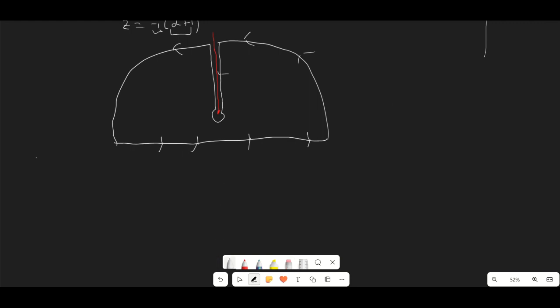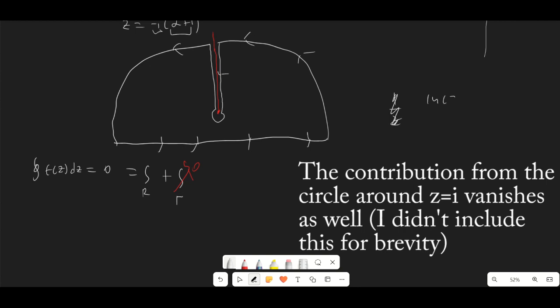So the contour integral of f(z) dz equals 0, first of all. And this equals our integral over the real line, which is our original integral I, plus our integral over gamma, which I can already tell you is going to go to 0, because we basically have ln z over z² as z goes to infinity.